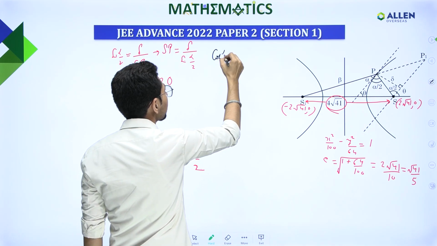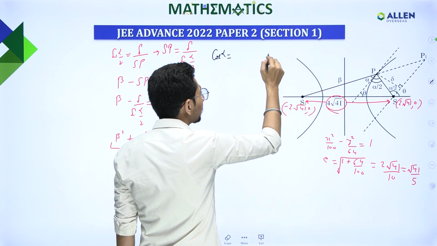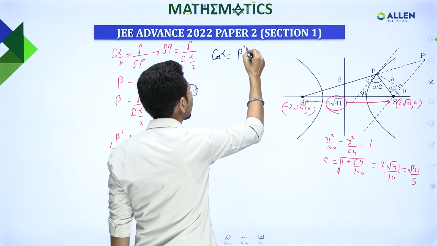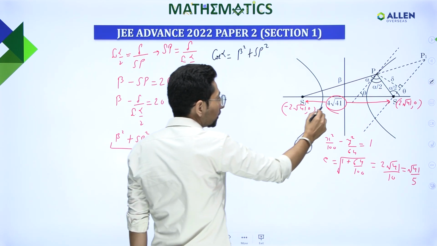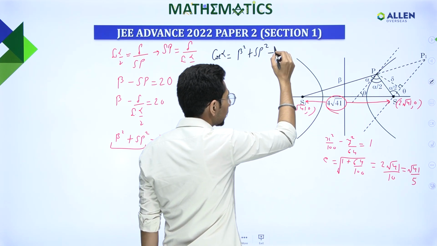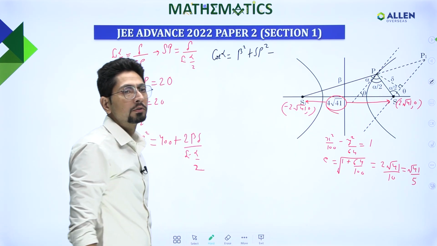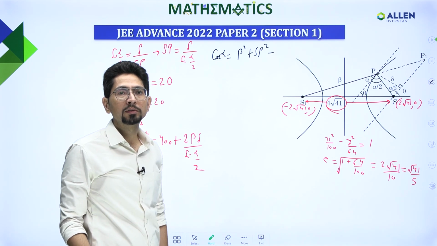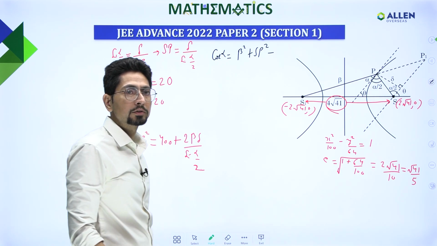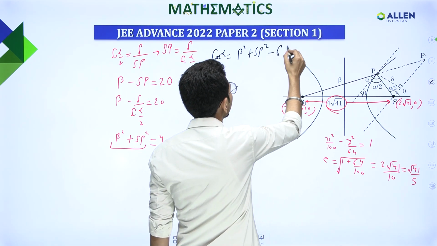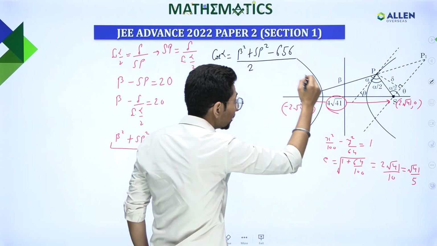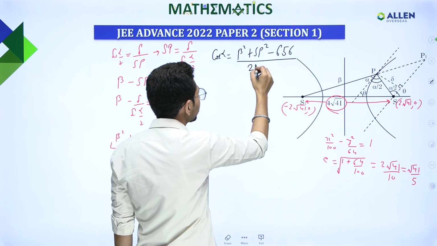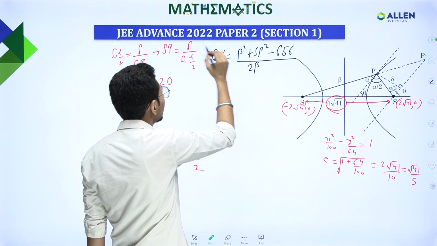Cos alpha will be SP square plus beta square, minus this square, that will be 16 into 41. So 16 into 40 is 640 plus 16, that will be 656, all divided by twice beta into SP, where SP is again delta by sine alpha by 2.